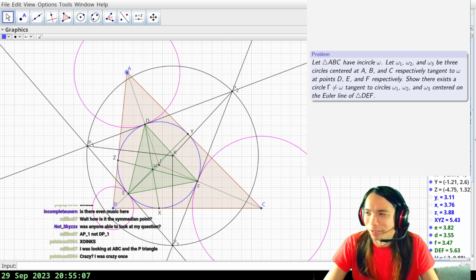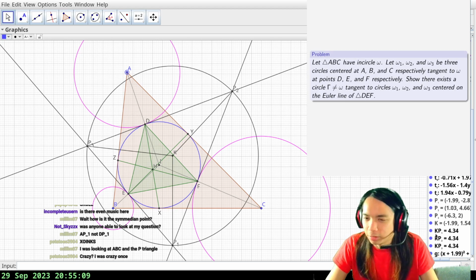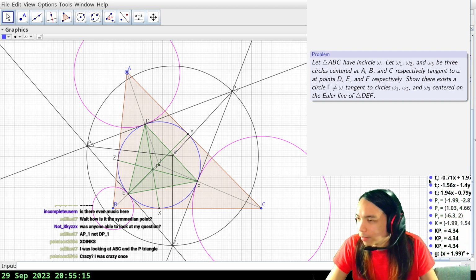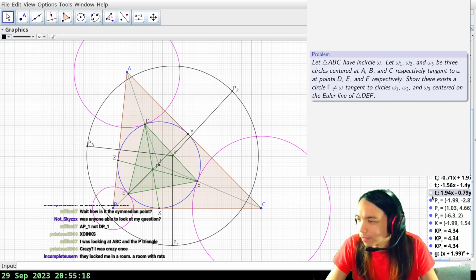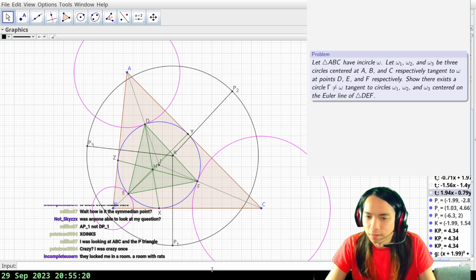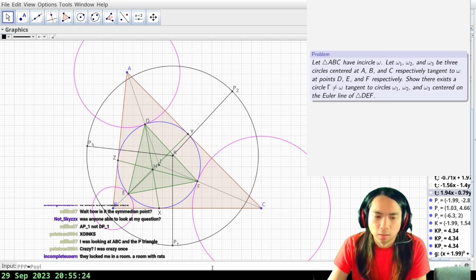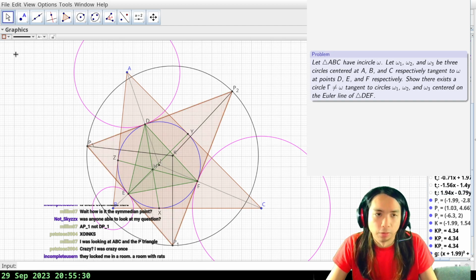Anyways, it doesn't matter, because it's overkill for our purposes, even if Sondat gives us an additional statement. It's actually just a circumcenter, so we don't need to quote something that powerful.